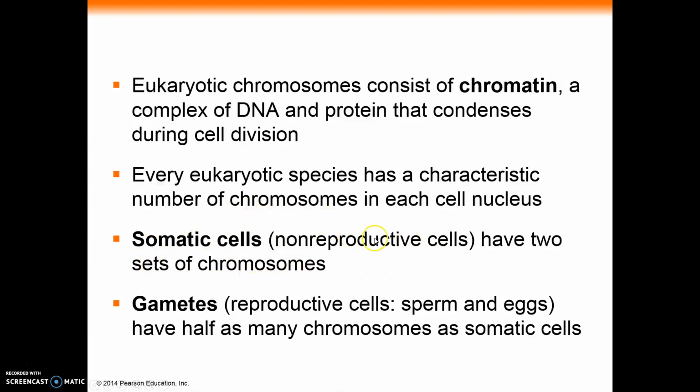This is our muscle cells, our brain cells, our liver cells, and they typically have two full sets of chromosomes. So one from mom and one from dad. Our gametes, on the other hand, have exactly half the amount of DNA that all the other cells have. And we'll talk more about that later.